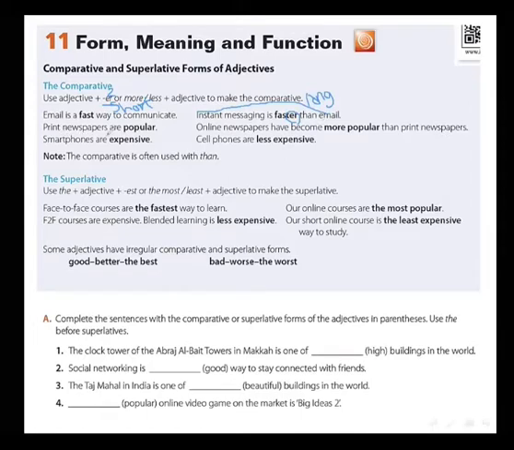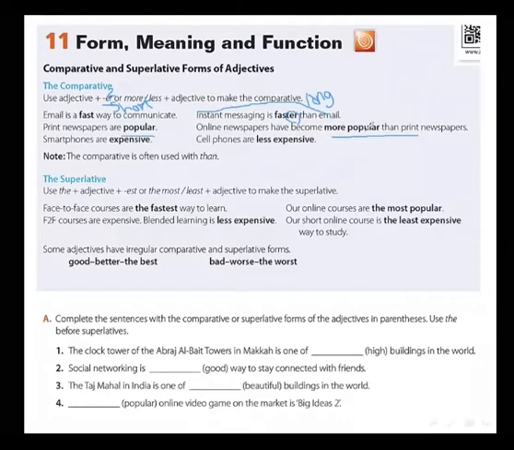The next exercise: print newspapers are popular. Popular here is a long adjective. There is more than one vowel, O, U, A, and more syllables. Popular. So it's a long adjective. Online newspapers have become more popular than print newspapers.